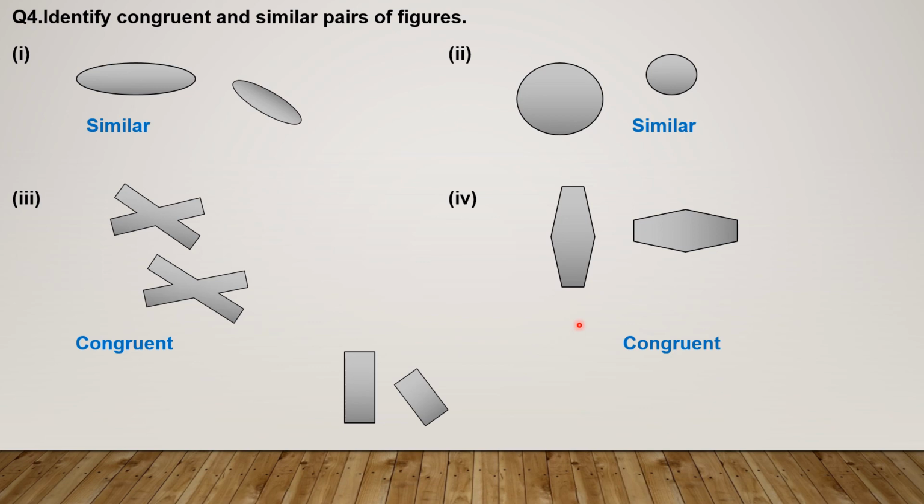Look at this figure, hexagon. Their shape is the same, and both are also the same in size, so they are congruent. Now look at the last part number 5. Their shape is the same but their size is not the same. That's why they are similar, they are not congruent.